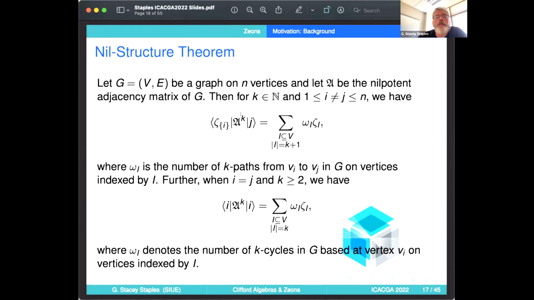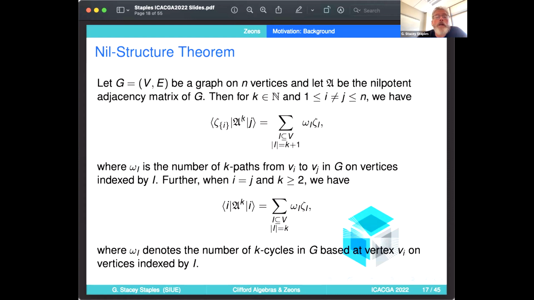So this matrix A to the k, multiply it by zeta i, so that accounts for the initial step of the walk, the vertex that I start from, and look in the jth column. And what I get is a sum, a linear combination of zetas from the Zeon algebra, whose coefficient actually tells me the number of paths of length k from the ith vertex to the jth vertex on vertices indexed by I. So it doesn't tell me the actual path, but it tells me the vertices involved, and then I can recover the path pretty quickly.